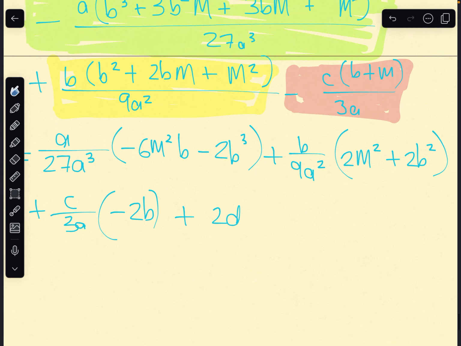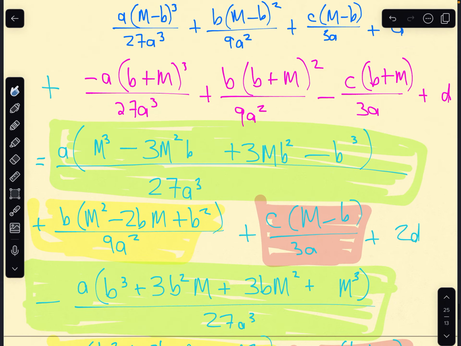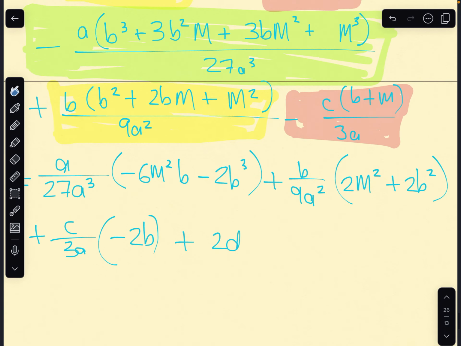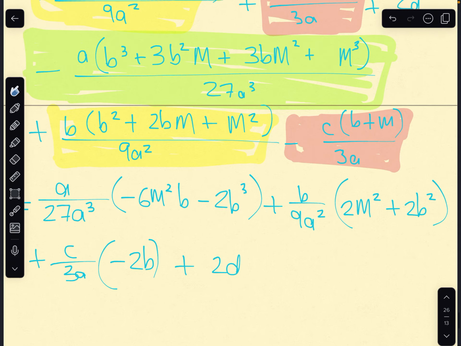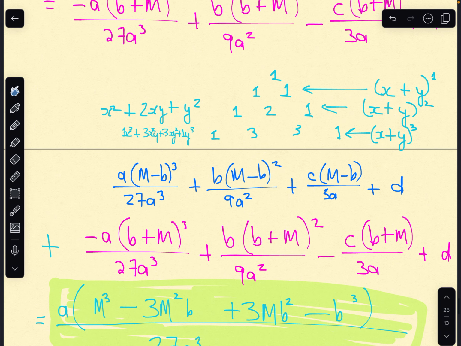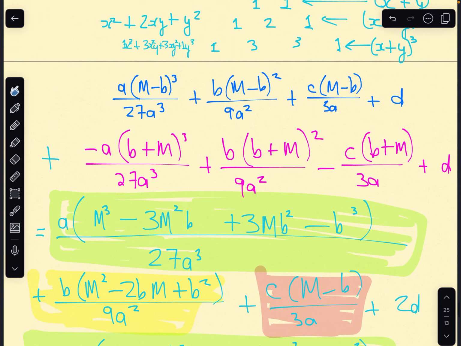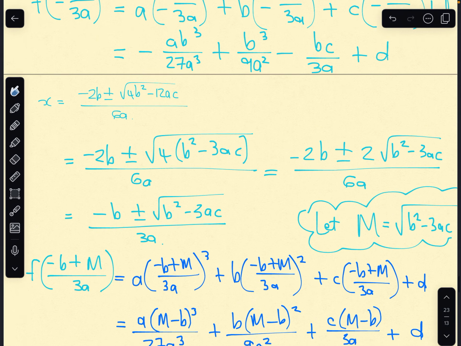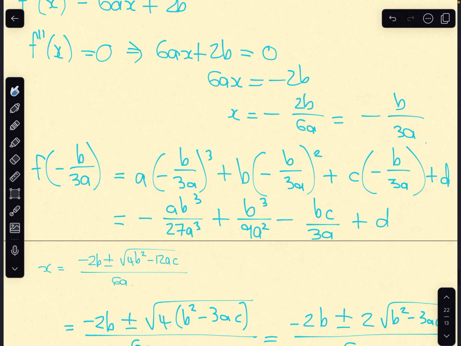It's getting hot in here. Okay, so let's see what we're working towards here. We haven't even gotten to the halving yet. All we've done now is add the two y coordinates together, but we need to average them to see if we're going to get the same y coordinate as we did over here when we just put the x coordinate of the point of inflection into the function.